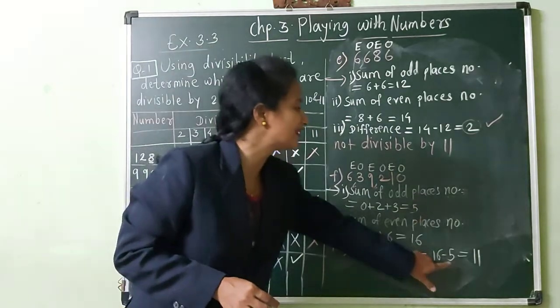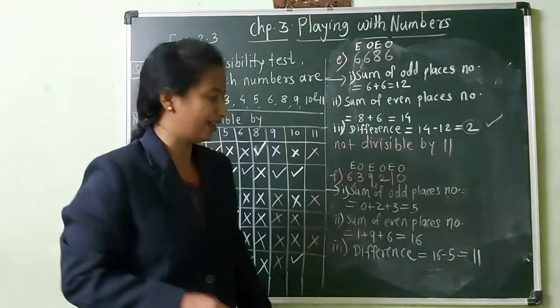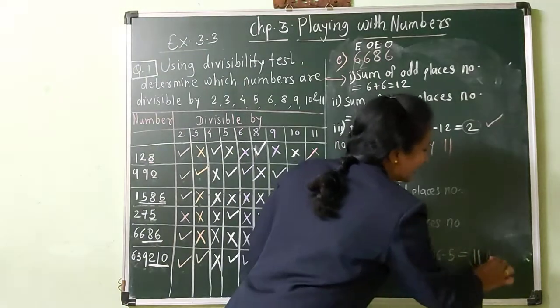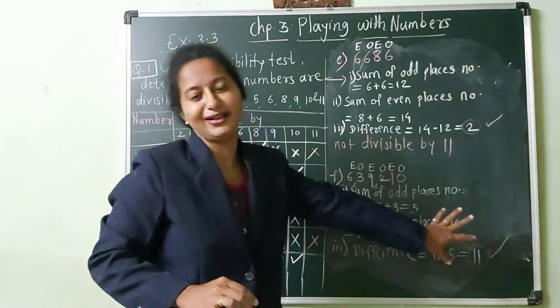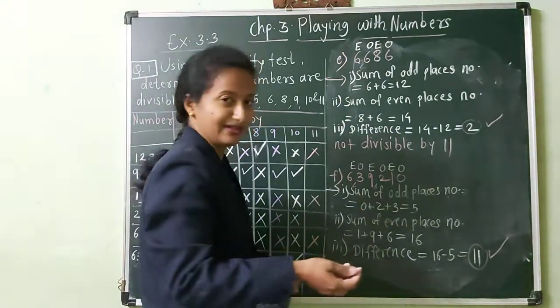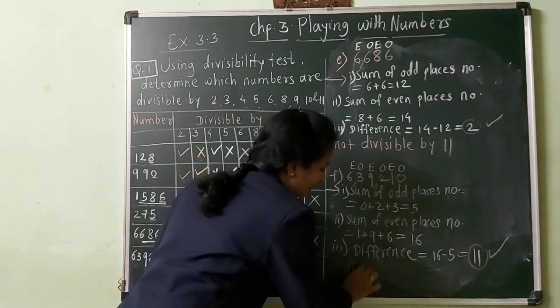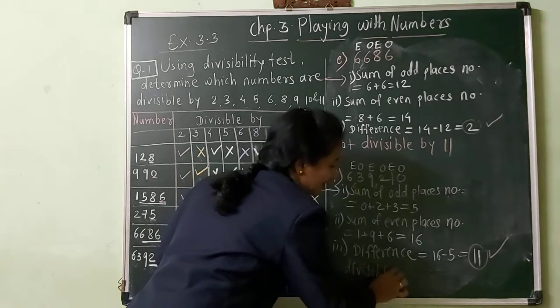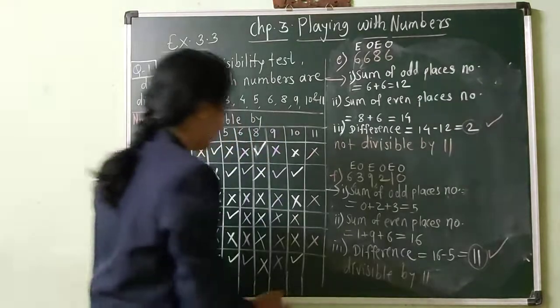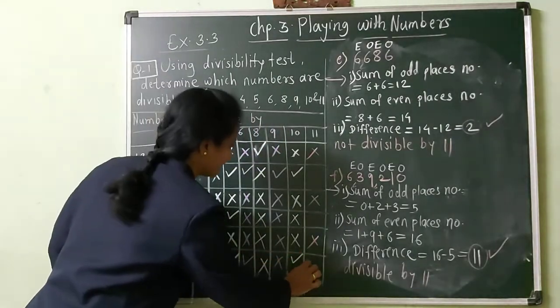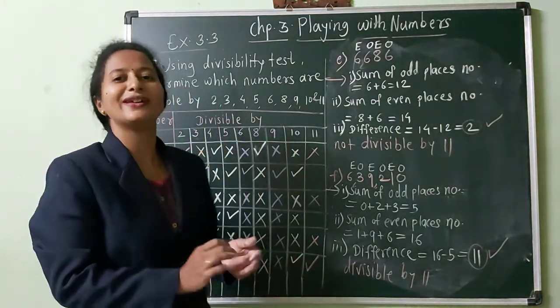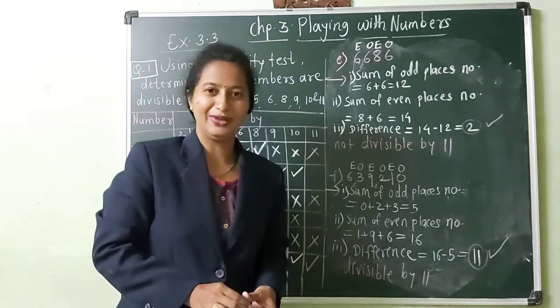So 16 minus 5 is equal to 11. Here you got the answer 11, and 11 is a multiple of 11, right? First multiple of 11. So this number is divisible by 11. So here we'll mark yes, 6,39,210 is divisible by 11.